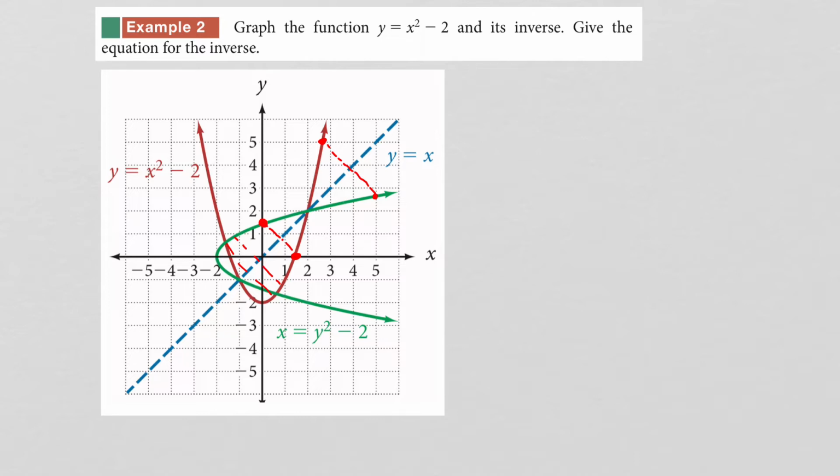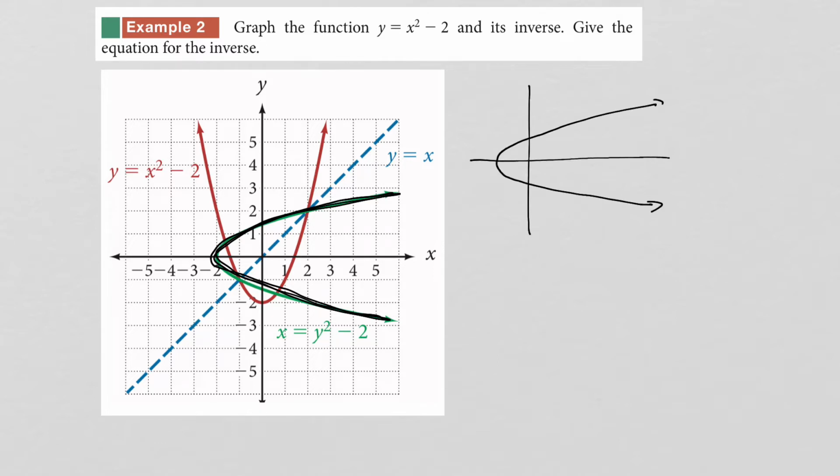But there is a little bit of a problem with this. In mathematics, we don't like any kind of equation. We like functions. And the problem is, this graph right here does not represent a function. I don't know if you remember this from algebra, but when you have a graph that is sideways like this, when you draw a vertical line, you will hit that graph in 2 spots.